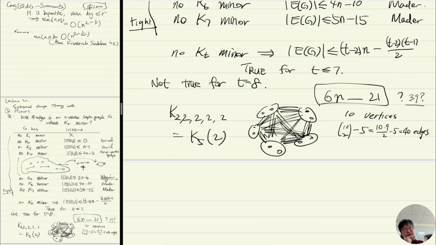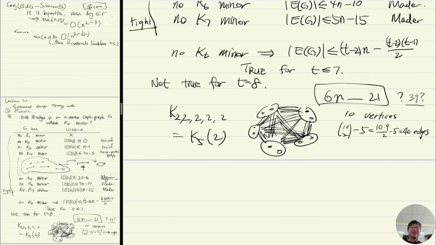If you pick 6 vertices, then 2 of them will be in the same bag, right?